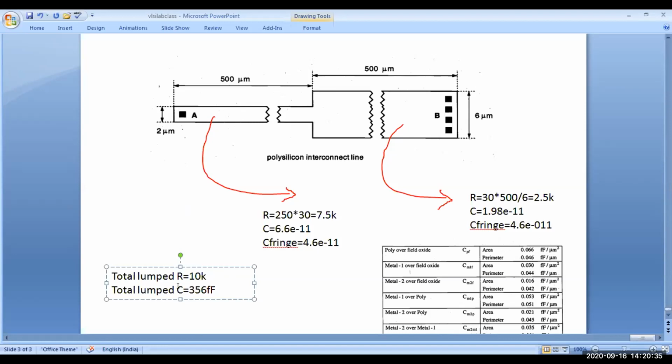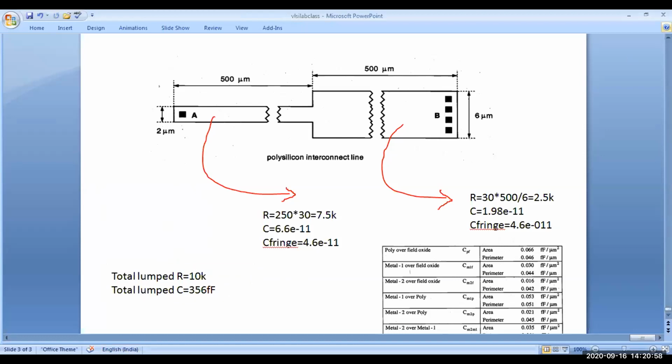So here you can see the C is 356. That means the same as the previous. So here also we are overestimating. So if we do in lumped RC circuit, then we will be getting more delay as compared to all other structures. So now the R total is 10K and C is 356K.